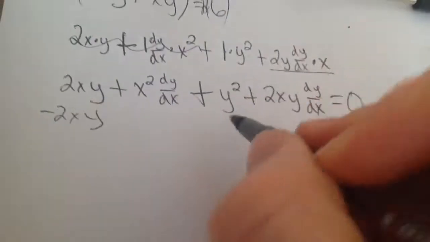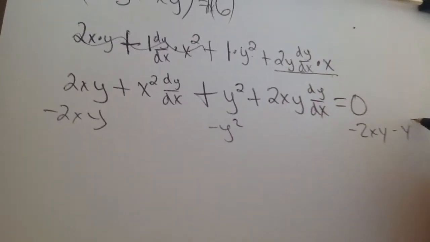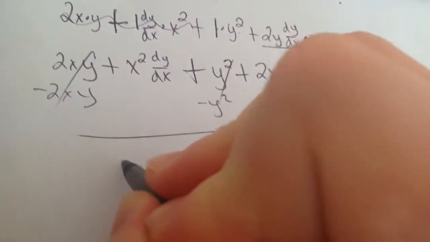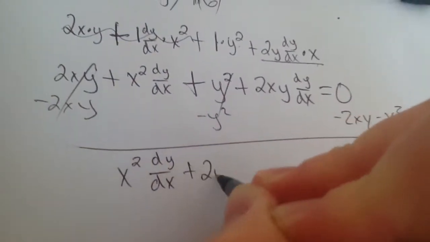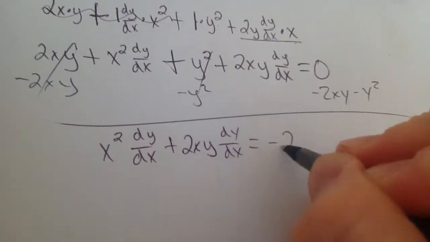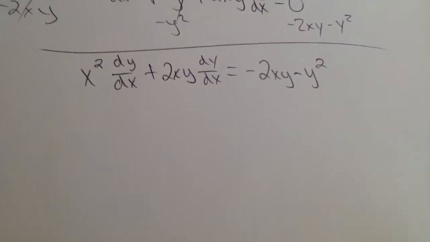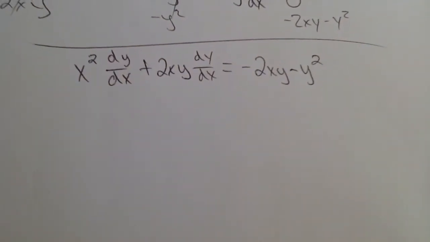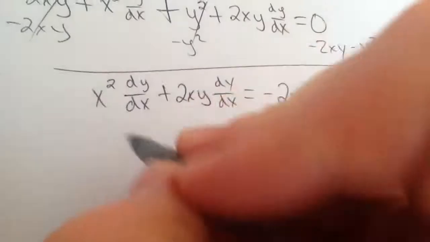So anyway, we got to get rid of this other stuff. So we'll subtract 2xy and we'll subtract y squared from both sides. That's gone, that's gone. So what do we have left? x squared dy/dx plus 2xy dy/dx equals negative 2xy minus y squared. Now we can factor out dy/dx from those because they both have them.